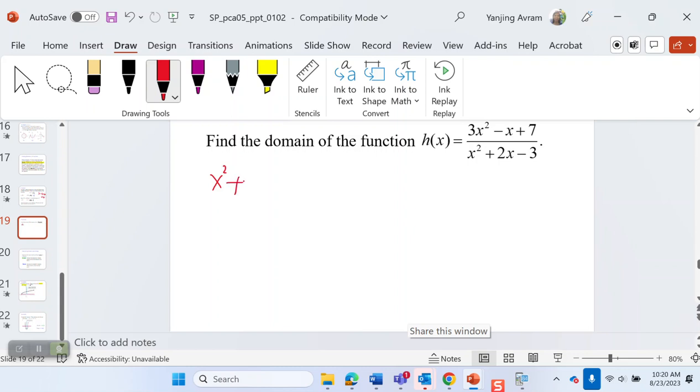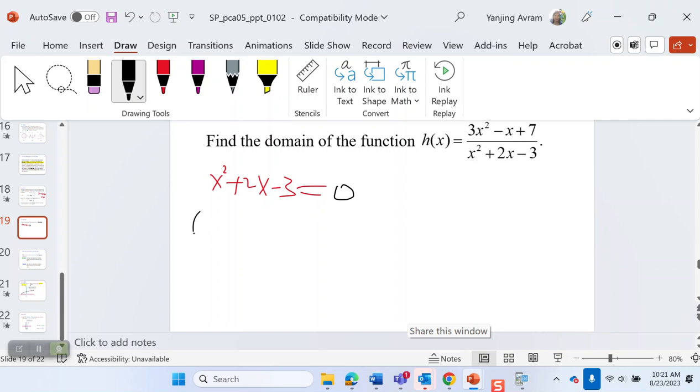So x squared plus 2x minus 3, this whole thing cannot be equal to 0. All right, so we usually make it 0, solve for x first, and then get rid of this x value. So how do I solve this one? If I make this whole thing 0, how do I solve this equation?